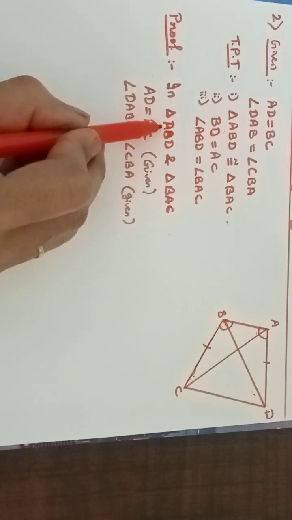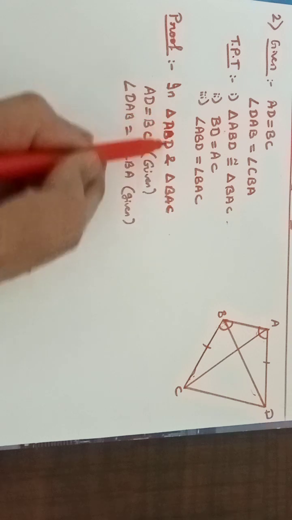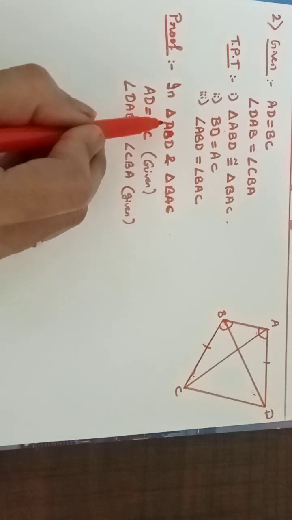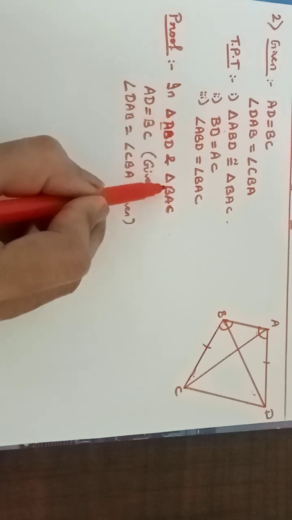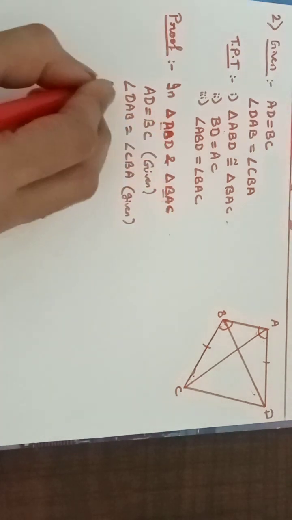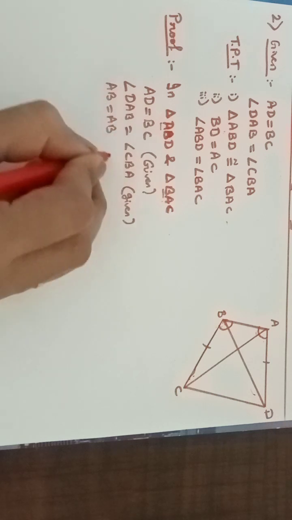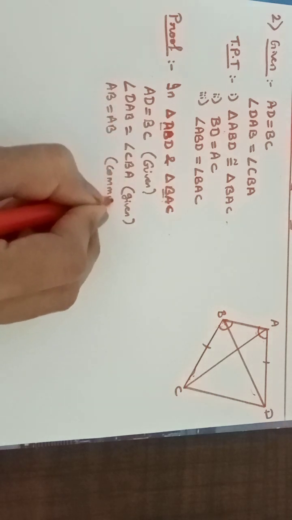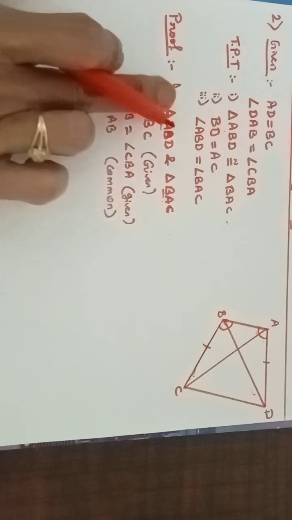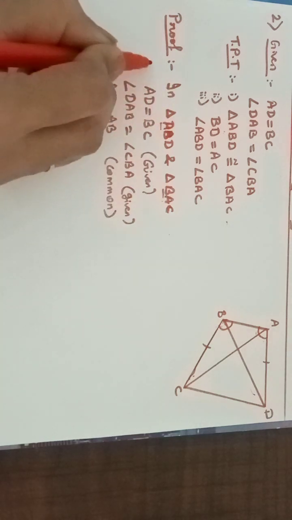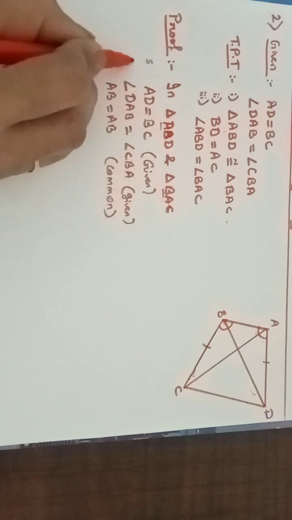Now what can you say from the names ABD, BAC? Can you find out something common? So we can find out this. AB part is common. So AB is equal to AB. You can write the reason: common. So after getting these three parameters, you can write at the side. This is side. This is angle.